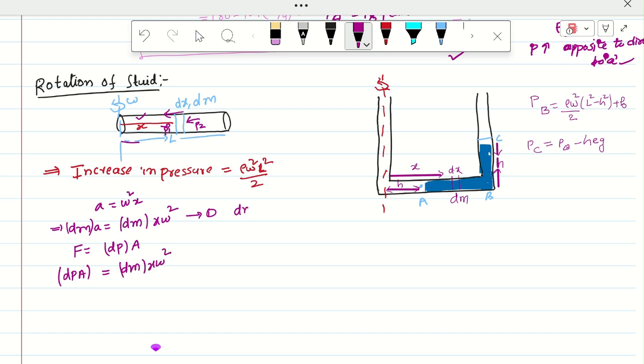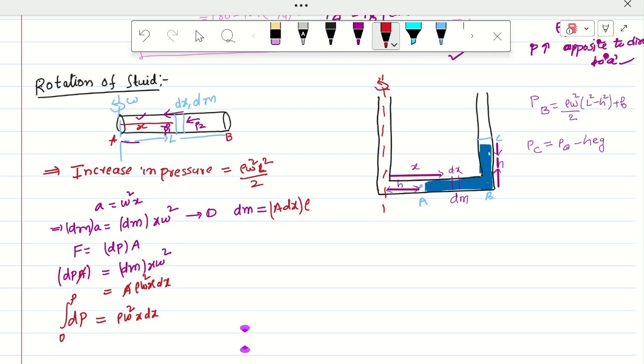Here dm I can write as volume into density, therefore A into delta x into density. So that equals A rho omega square x dx. So A gets cancelled. So the change in pressure at that point is rho omega square x dx. So now from 0 to P, the pressure, at the points A and B.